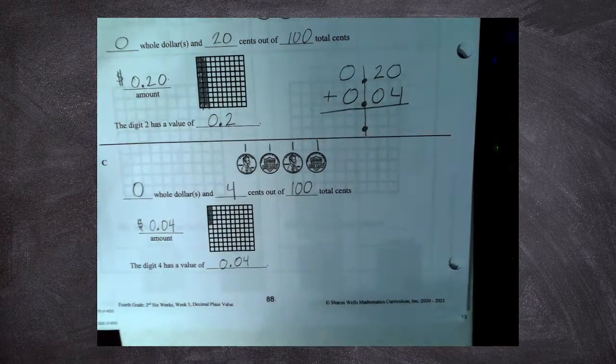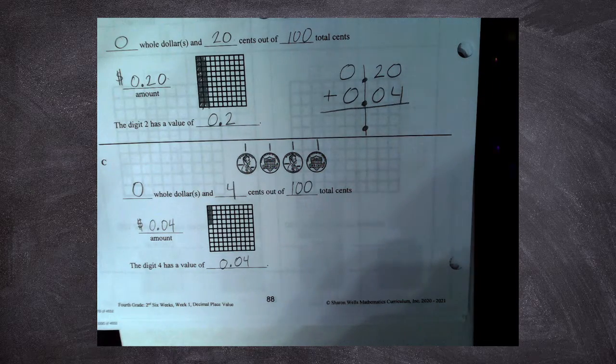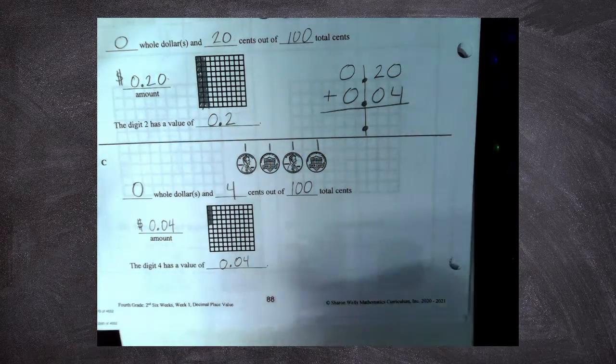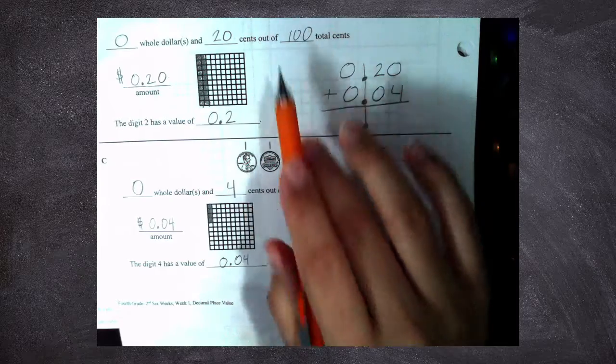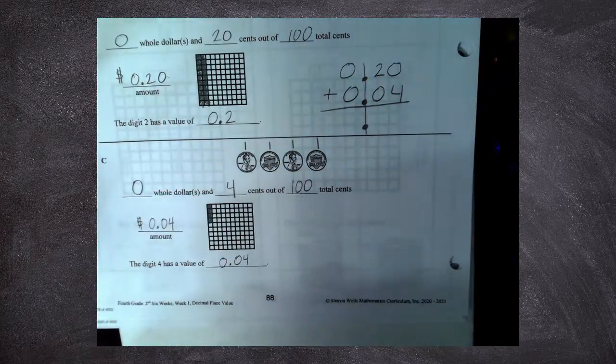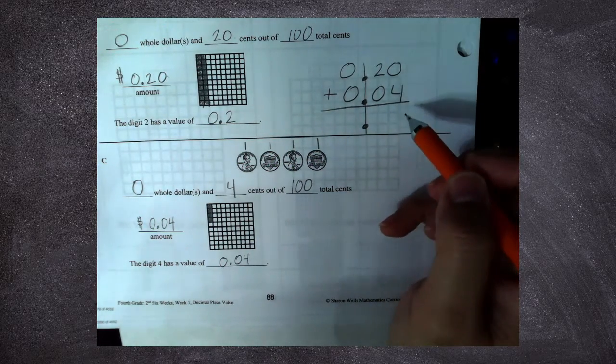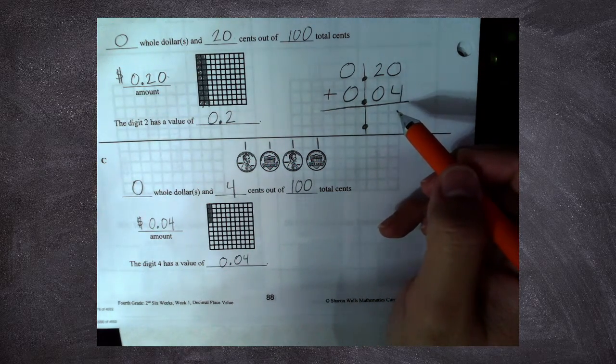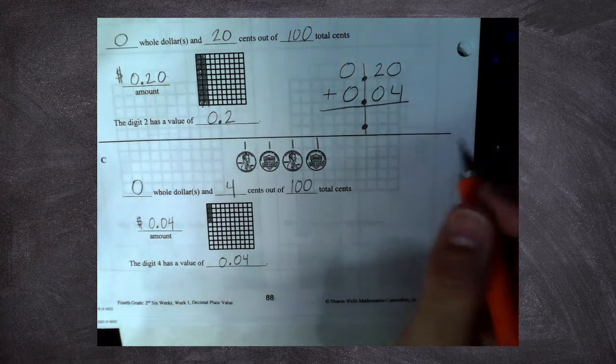Who can tell me, if I had that 20 cents and then I found 4 more pennies, how many cents would I have then? What would I get here? How many cents would I have if I had those 2 dimes and then I found 4 more pennies? What's 0 plus 4? Alexa? 4.